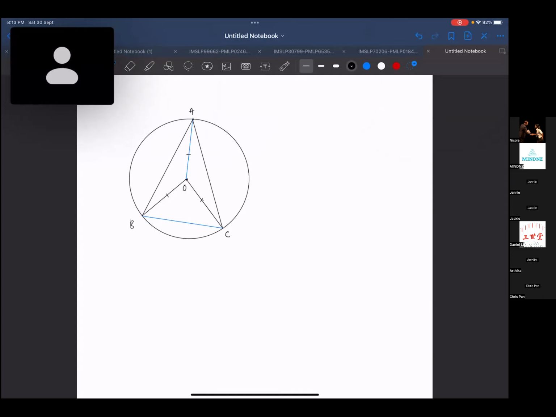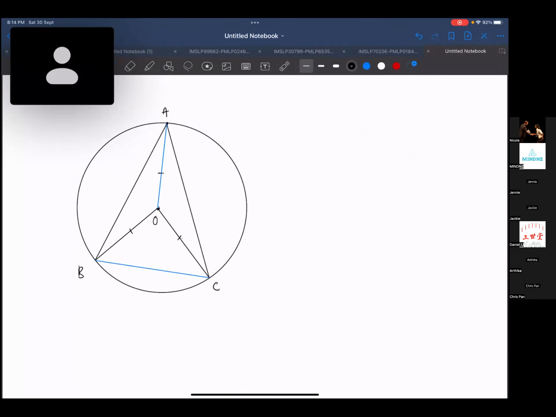In an isosceles triangle, we have two angles that are going to be equal, right? So let's assume that this one, angle BAO, equals x, okay? And then angle CAO equals y. I'm just going to label it as x and y to make things simpler to write out, and a bit simpler to look at sometimes.